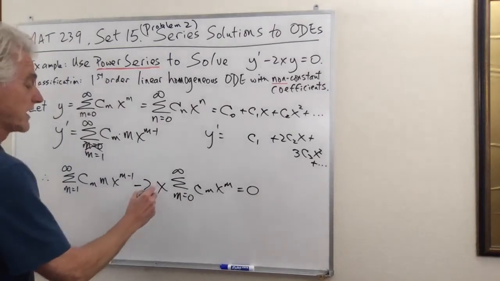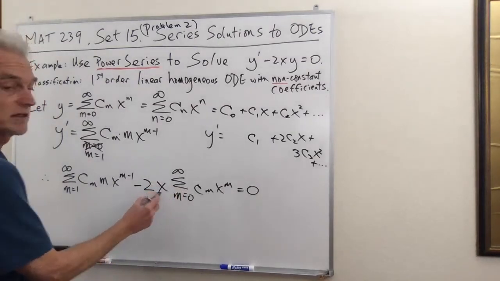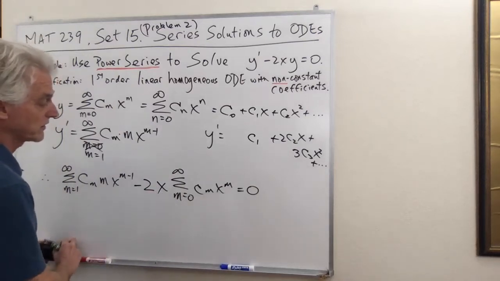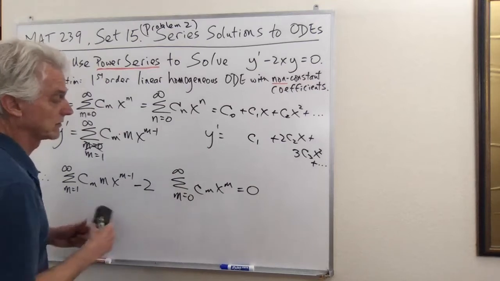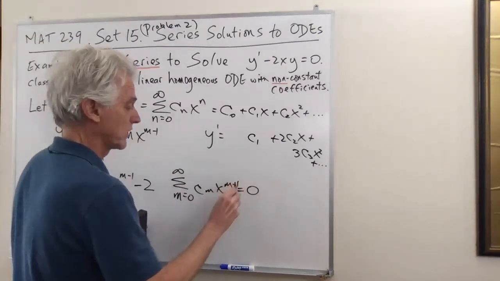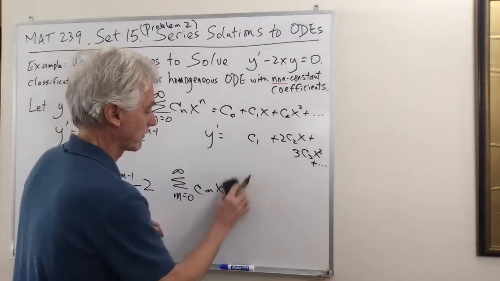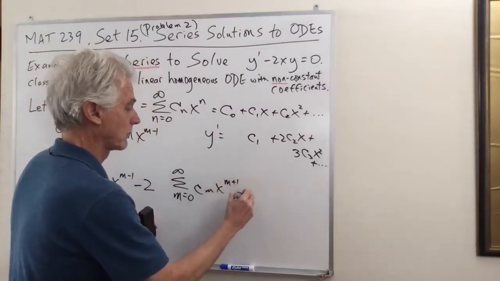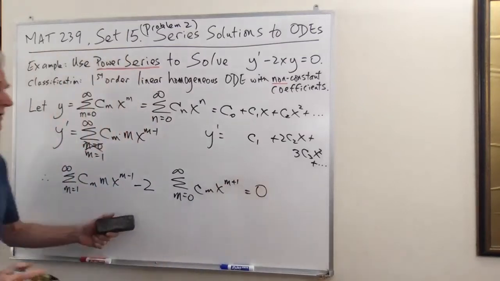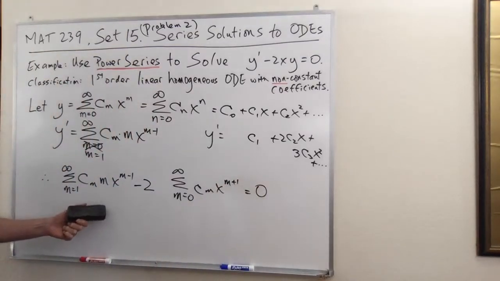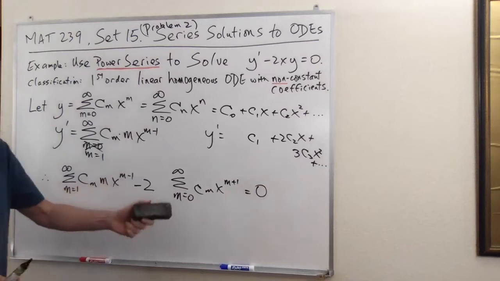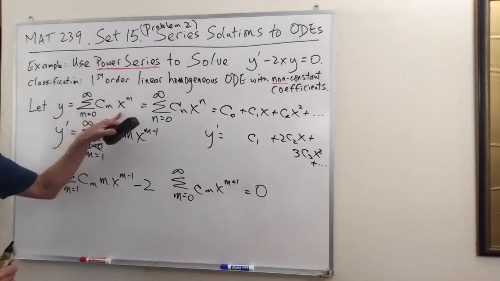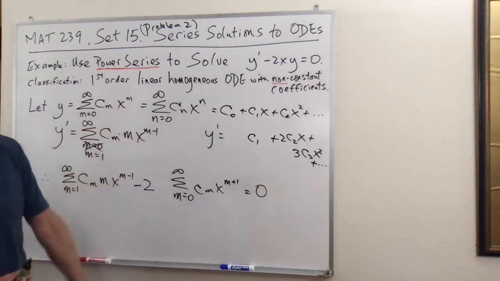Now this thing here, I can replace the x times that with an m plus 1. Right? So, multiplying this whole power series by x just increases the exponent.